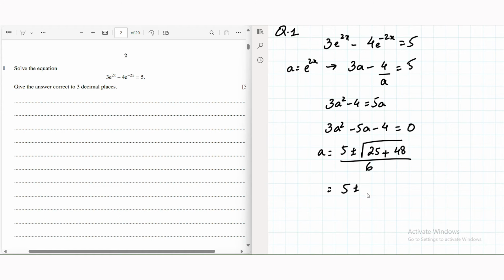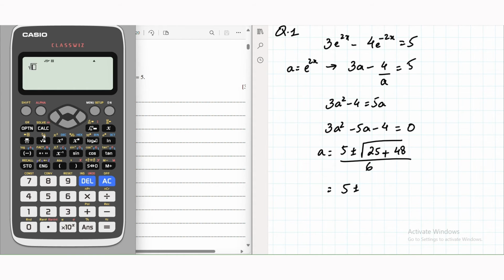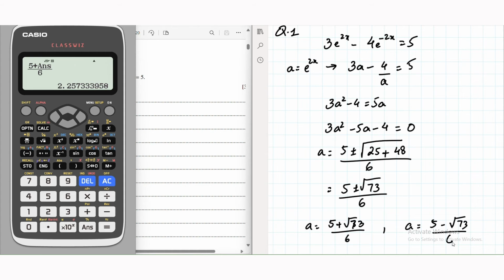So 5 plus minus the square root of 25 plus 48, that would be root 73, divided by 6. One answer is simply 5 plus root 73 over 6. Since this is not the final answer, let's keep it this way. And the other answer is 5 minus root 73 over 6.